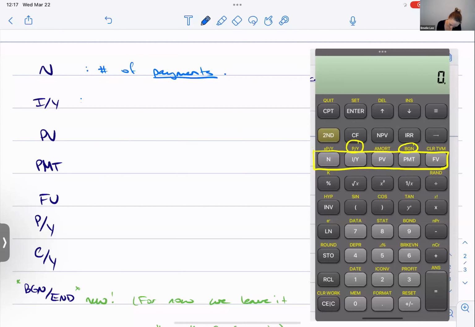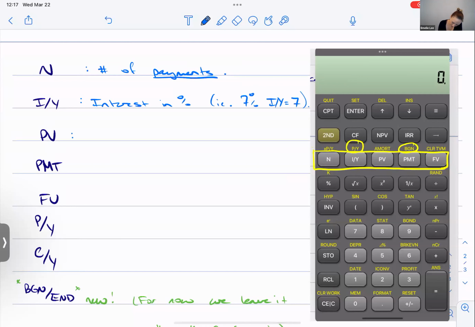The interest per year is the annual interest rate, but not as a percentage. So it's the interest in percent: 7% means that the interest per year equals 7. Okay, so that's important.